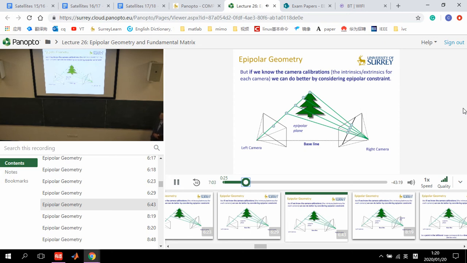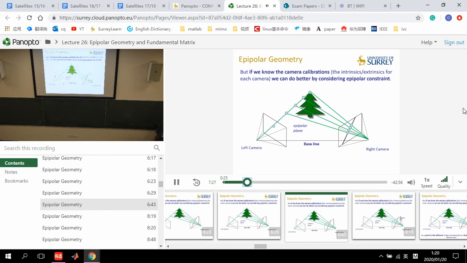That triangle has three vertices: the location of the point P and the two focal points of the camera. And all of the possible locations of P viewed from the left hand, according to the left-hand camera, but viewed from the right hand, are all points along that far edge there of the epipolar triangle plane.